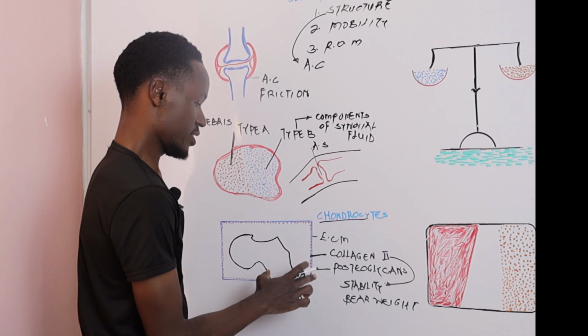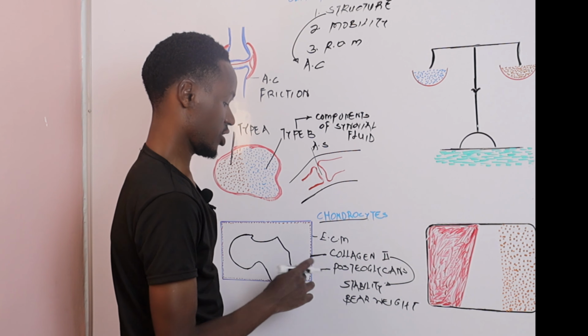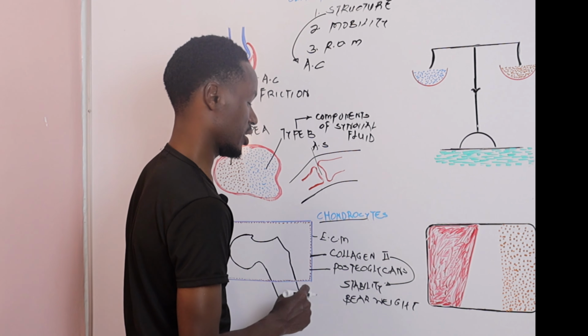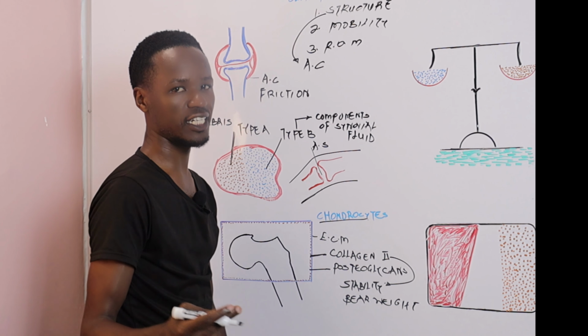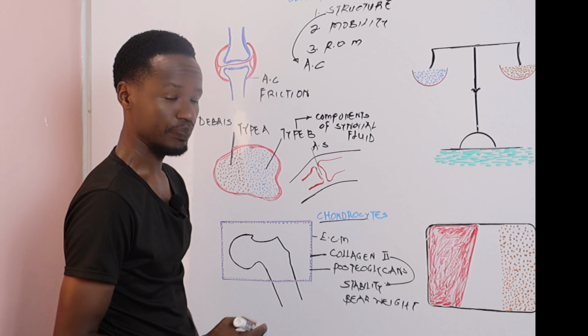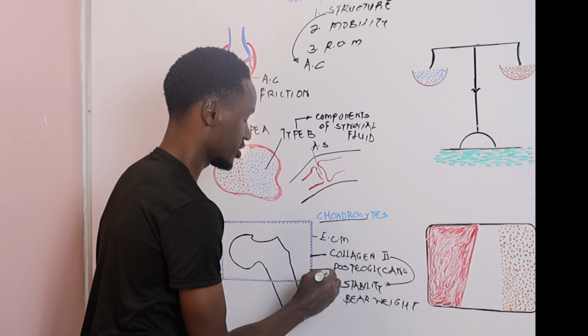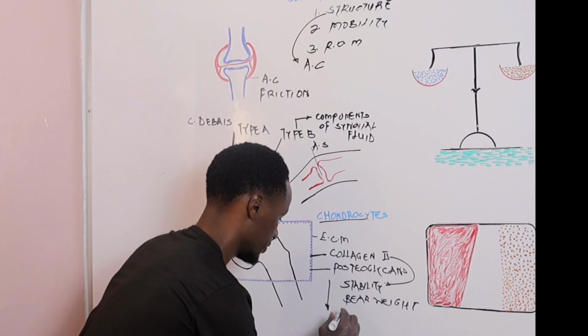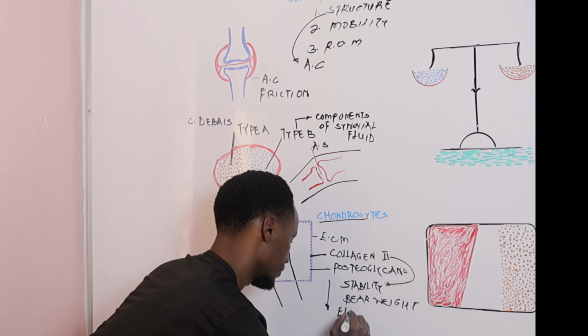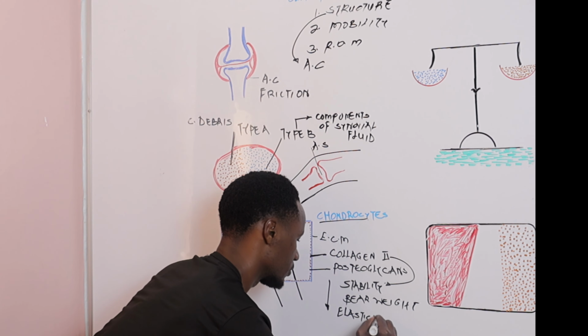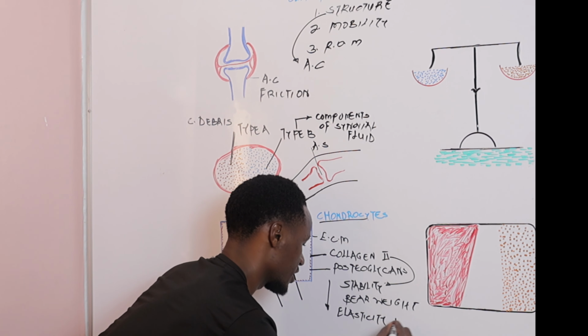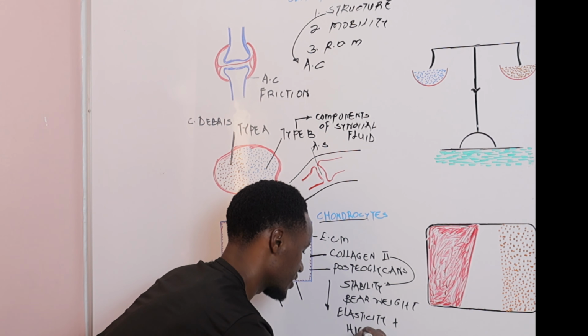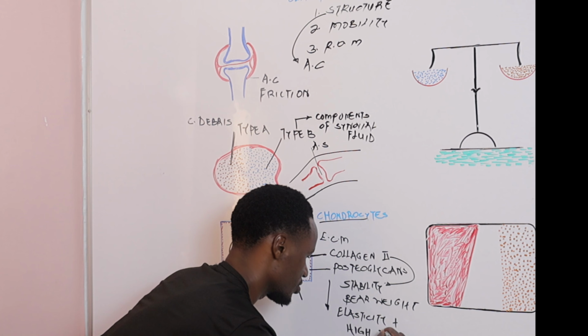So these two components, the type 2 collagen and proteoglycans, are good friends. And whenever they interact, what they offer the joint is elasticity plus high tensile strength.